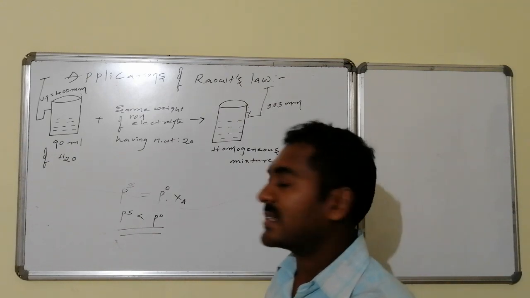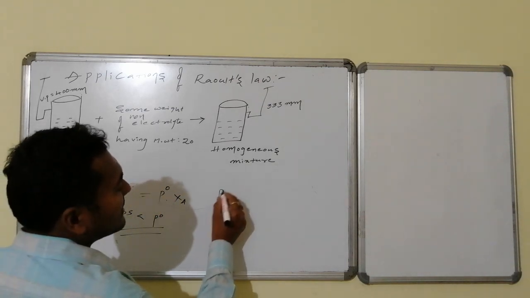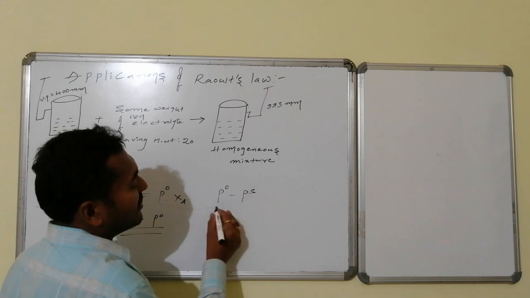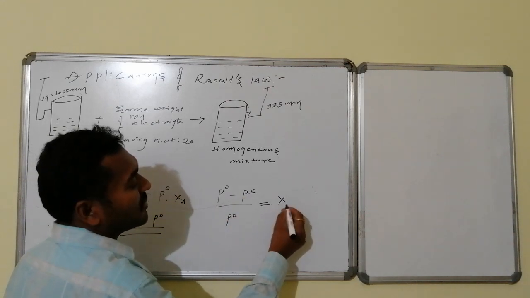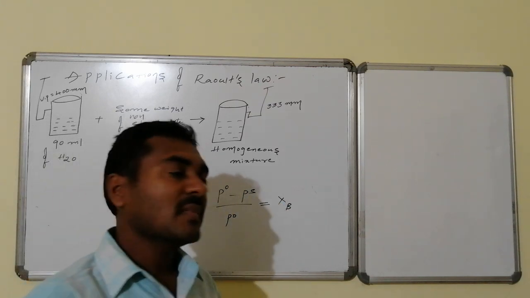Now you are asked to calculate the weight of unknown non-electrolyte added to the solvent to make it a homogeneous mixture. We get the relation P0 minus Ps by P0 is approximately equal to mole fraction of solute, that is Xb.